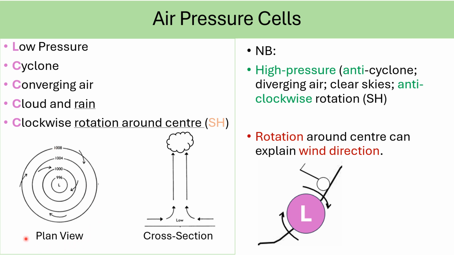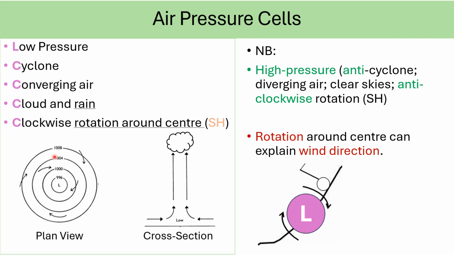If you have a look at the plan view of a low pressure cell, that being a view from the top of the cell, you will notice that the lowest pressure is found at the center of the cell. If this cyclone is located in the southern hemisphere, the rotation of the wind around the central low pressure is in a clockwise direction.